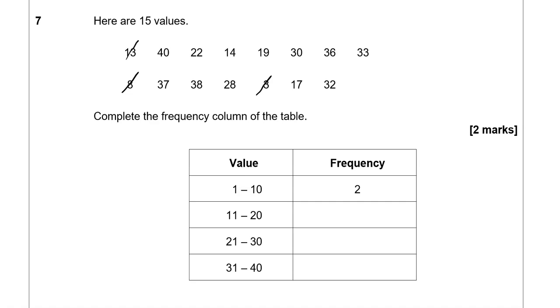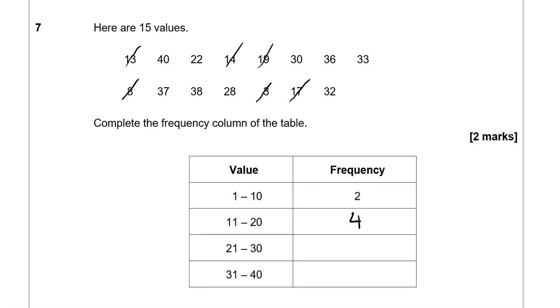So there is 13, there's 1, 2, 3, 4. Between 21 and 30, we have 1, 2, 3. Between 31 and 40 should be all that is left. So we got 1, 2, 3, 4, 5, 6. And that works.